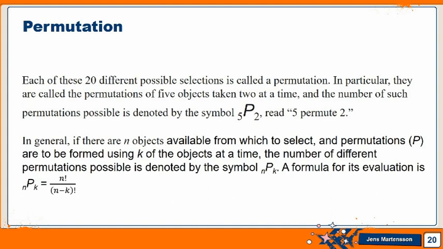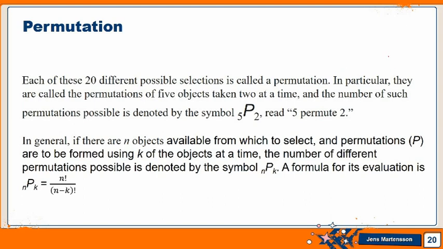So, in general, if there are n objects, sabihin ng n objects, yung total possible outcomes na meron by the problem, na kung saan yun yung mga available na pwede mong pagpilian, and you are using permutation using k, or si k yung kung ilang yung kukunin mo per time.